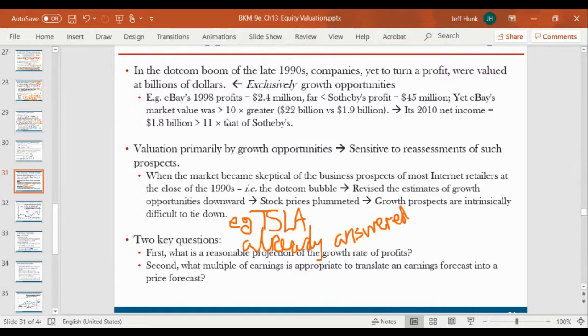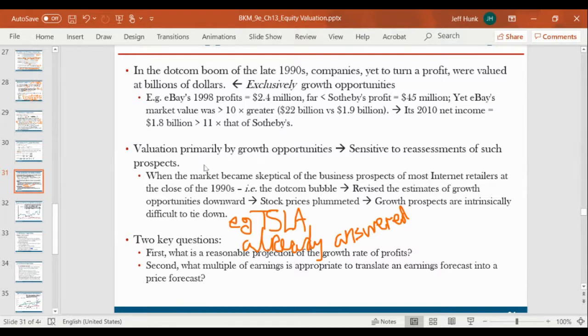Yet eBay's market value was more than 10 times greater, 22 billion versus Sotheby's only 1.9 billion. And eBay's 2010 net income was 1.8 billion, which is 11 times more than that of Sotheby's.